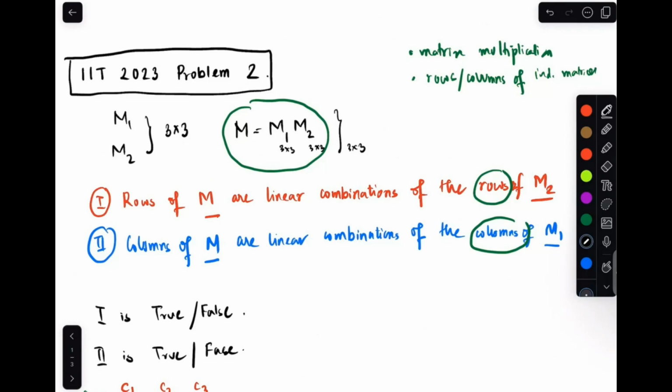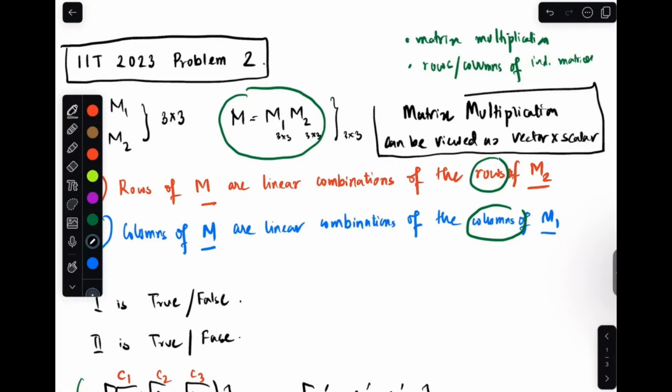So it's not just element-wise, but you can also view it as vector-wise. And that's the lesson from this problem. Matrix multiplication can be viewed as vectors times scalars, and their linear combination, summation. This is the goal of the problem. I hope you understood this problem.